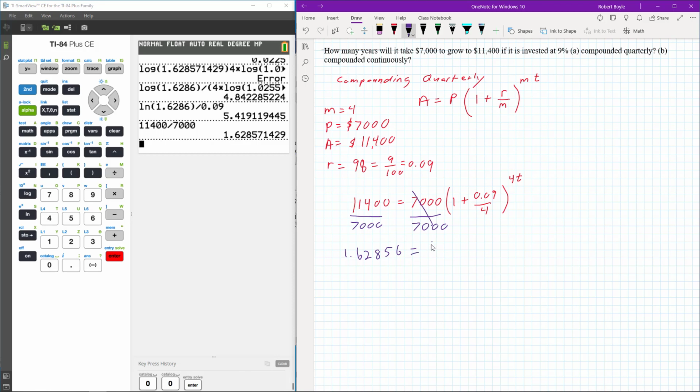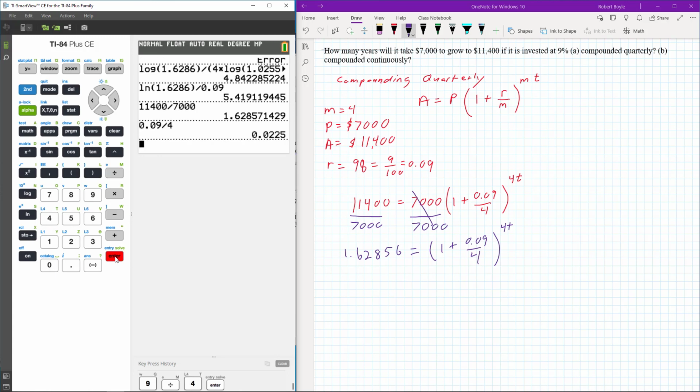That is going to be equal to 1 plus 0.09 divided by 4. That will be raised to the 4t power. Now, 0.09 divided by 4 is equal to 0.0225.